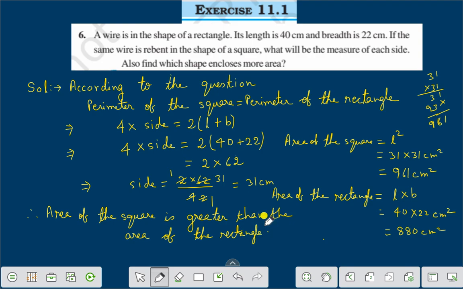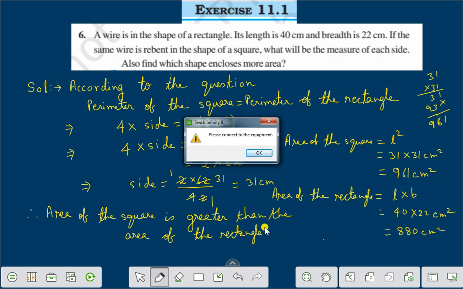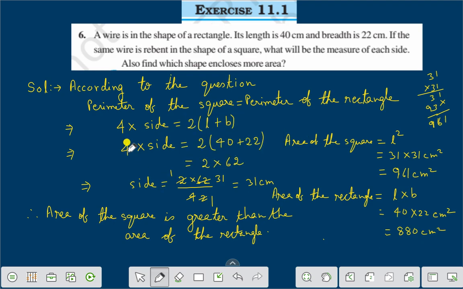Here you see, according to the question, the perimeter of the square is equal to the perimeter of the rectangle. We know that the perimeter of the square is 4 into side, and the perimeter of the rectangle is 2 into (length plus breadth). Therefore, 4 into side is equal to 2 into (40 plus 22), that is 2 into 62. Our side is equal to 2 into 62 by 4, that comes to 31 centimeter.